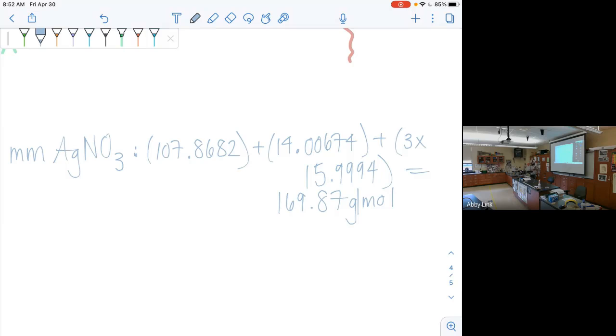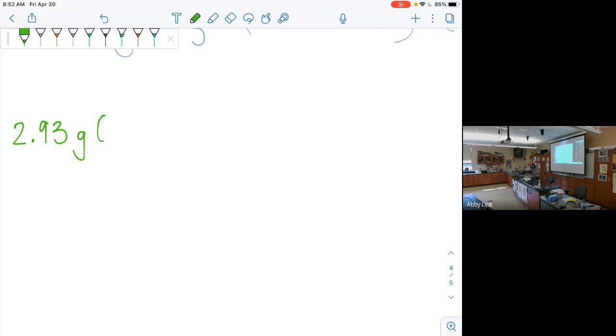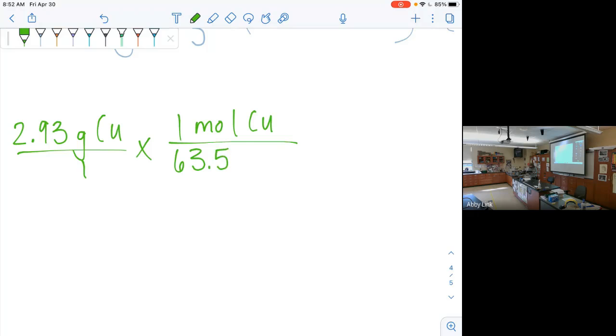All right, so our first step is going to be convert your grams of your reactants into moles so we can put them into the BCA table. So let's start with our copper. We're given 2.93 grams of copper. Converting that into moles, I'm going to have 1 mole of copper on the top, and copper's molar mass in the denominator, 63.546 grams Cu.